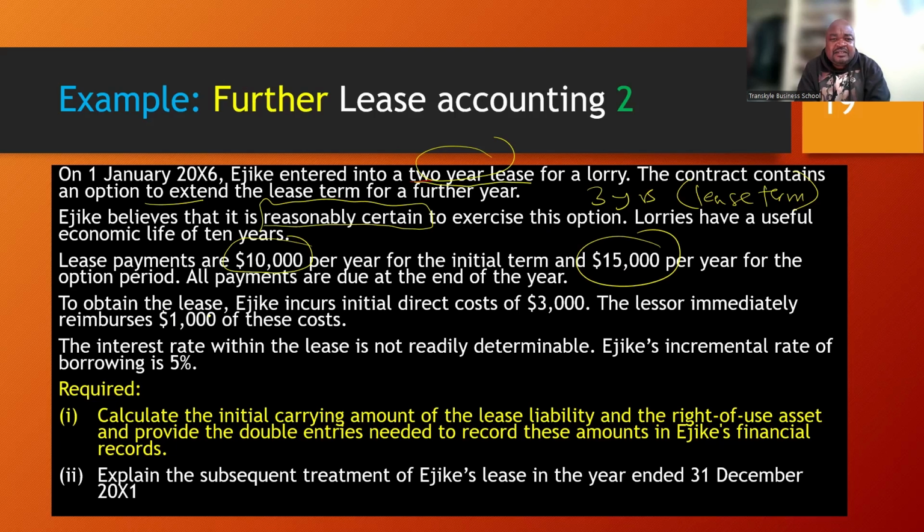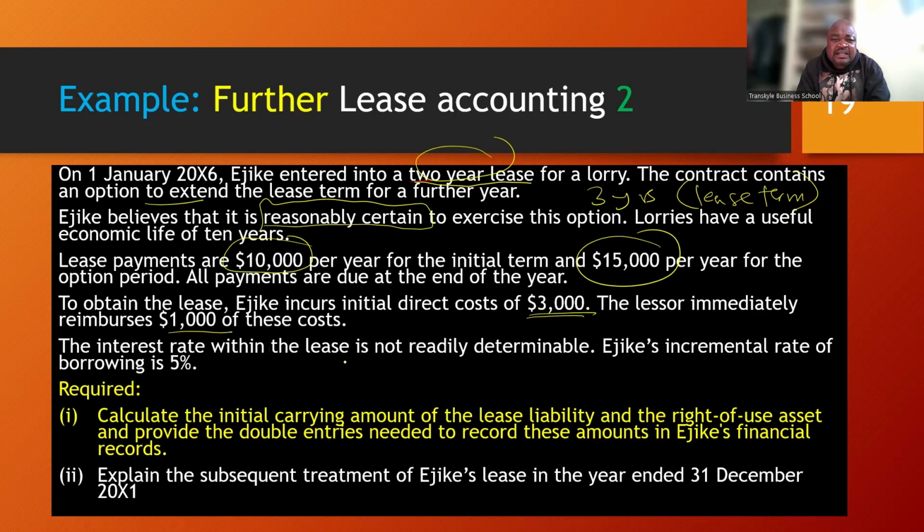To obtain the lease, ACCA incurs initial direct costs of 3,000. These have to be capitalized, debited to the ROU, the right of use asset. The lessor immediately reimburses 1,000, so this one is a reduction of the ROU asset.